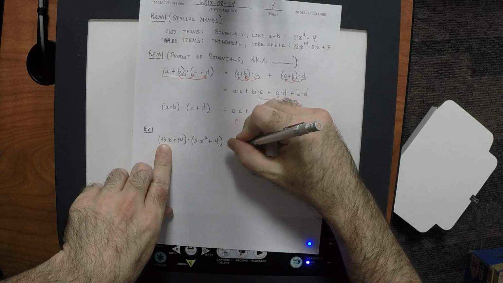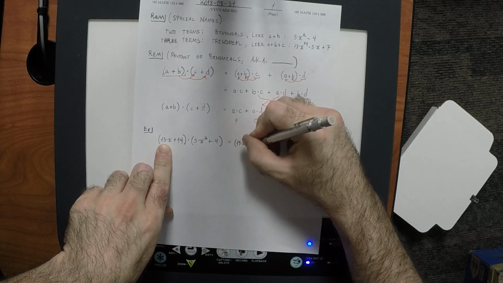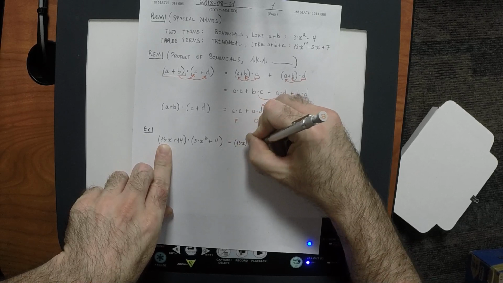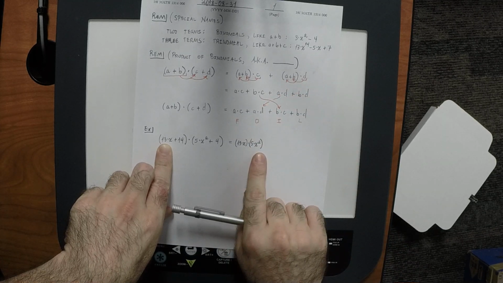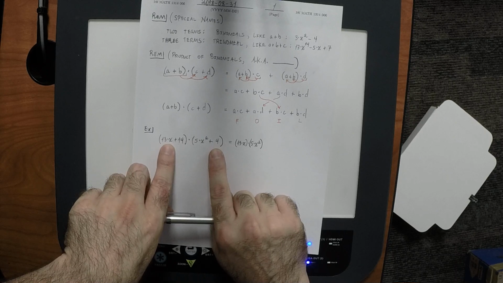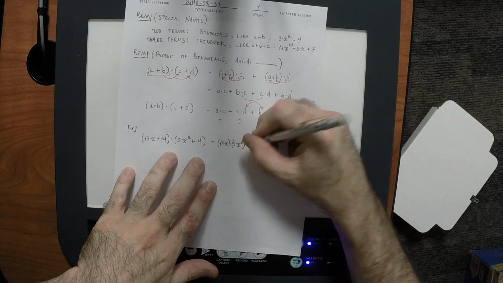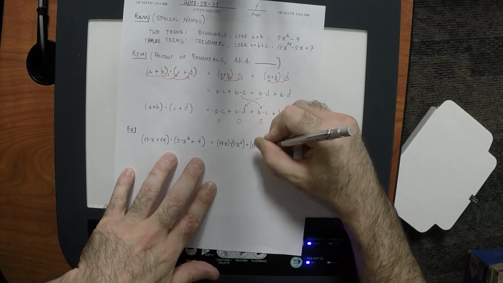So this would be 13x multiplied by 5x squared. So that's the F. Okay, and then O, the ones on the outside. So that'd be plus 13x multiplied by 4.